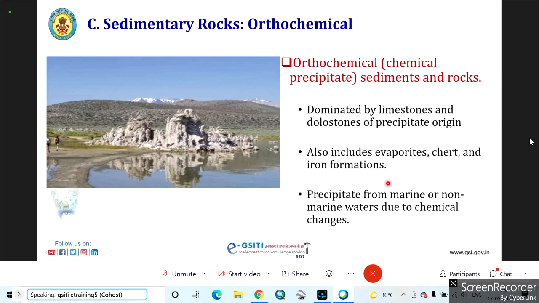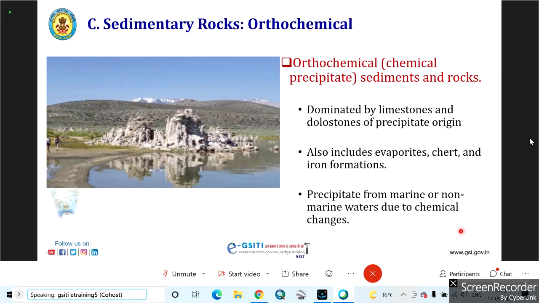So this orthochemical category is dominated by the limestone and dolostone of precipitate origin only. It also includes evaporites, chert, and iron formations. And these precipitate from marine or non-marine waters due to chemical changes.